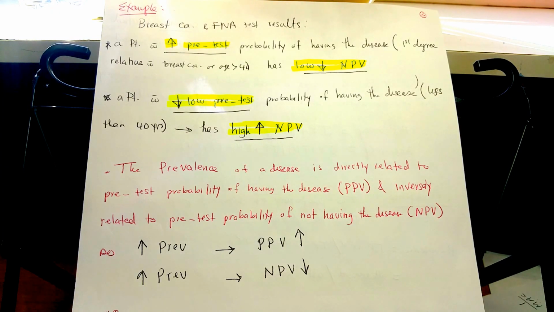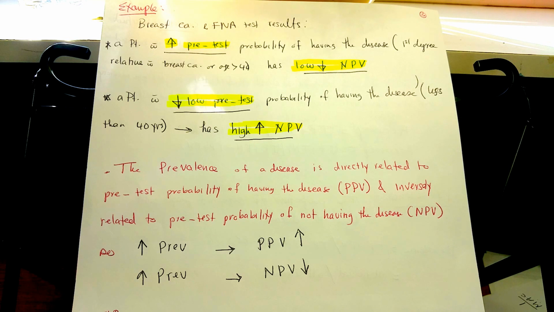So let's talk about another example. So breast cancer and FNA test results. If a patient has increased pre-test probability of having the disease, like he has a first-degree relative with breast cancer, he had old age, this patient has a low negative predictive value, so inverse relationship.